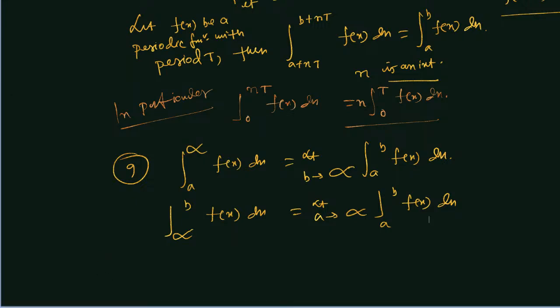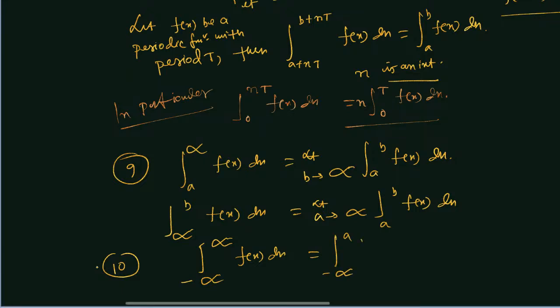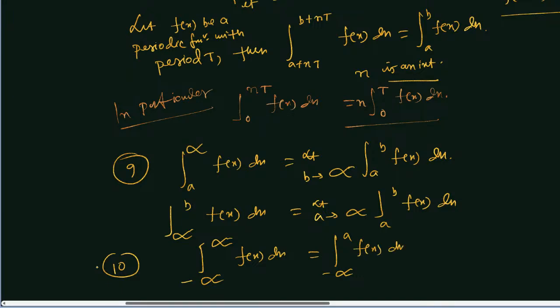Now a problem may be there of this kind also. Suppose it is integral from minus infinity to infinity of f(x) dx. Then you will be writing this one with one intermediate value a, as integral from minus infinity to a of f(x) dx plus integral from a to infinity of f(x) dx.